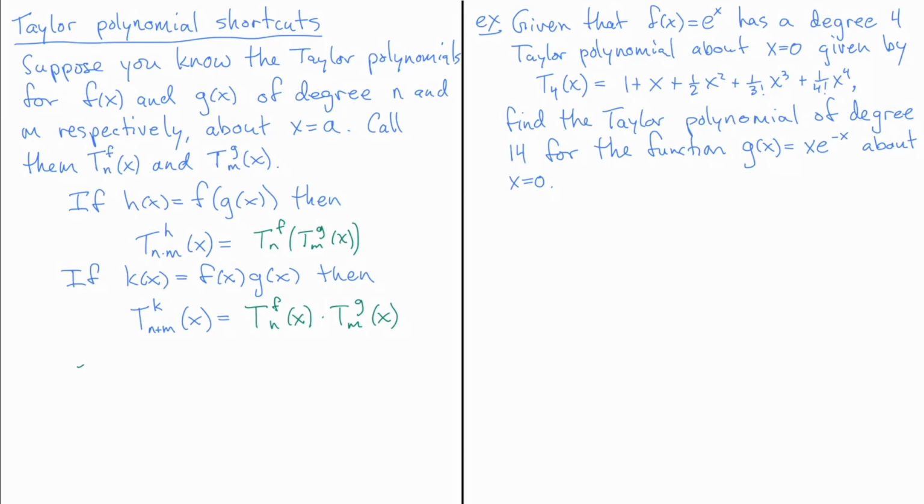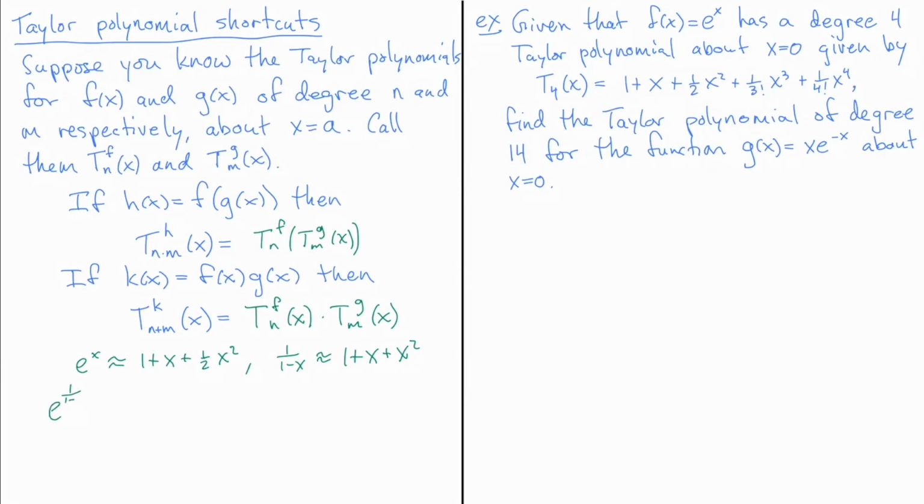And so just as a quick example, without doing a whole lot of work on them, e to the x is approximately 1 plus x plus x squared over 2. Let's say we go to degree 2. And 1 over 1 minus x is approximately 1 plus x plus x squared. So, this is about 0, right?